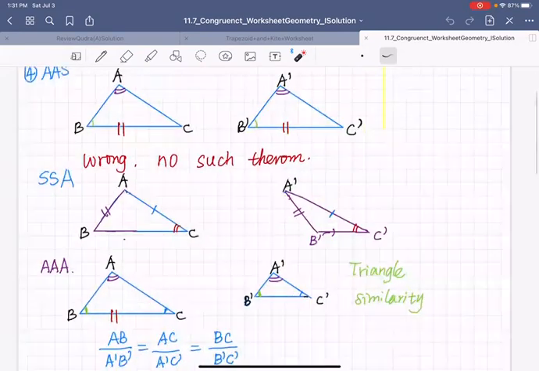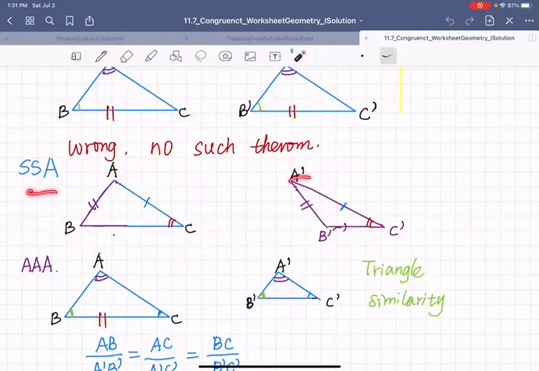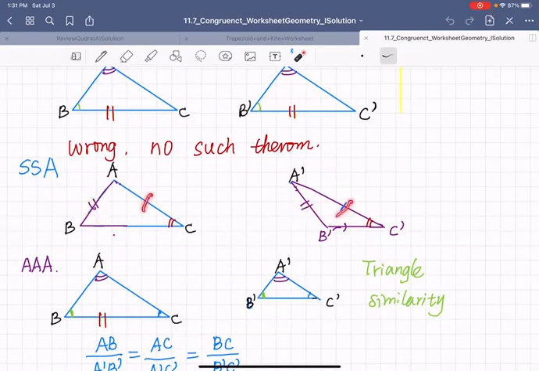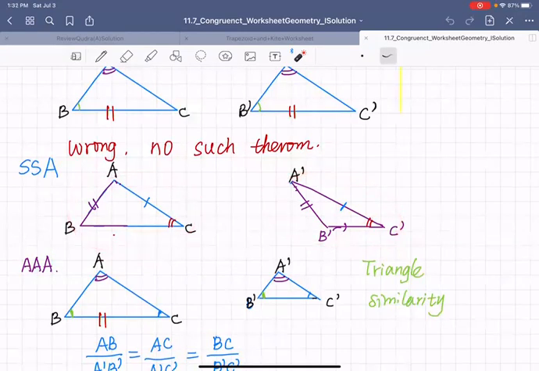We already showed this counterexample saying SSA is not right, because we have this triangle and this triangle showing here. This side congruent, this side congruent. These two angles also congruent, but you know these two are totally different.